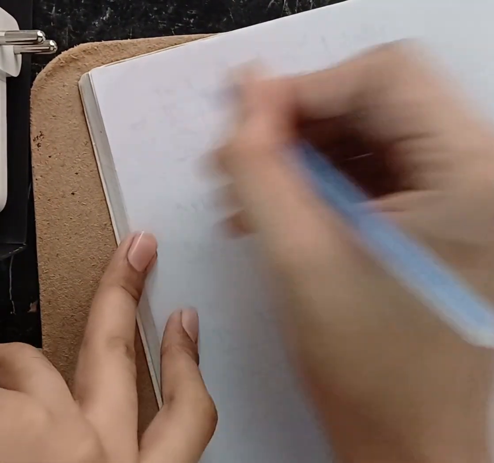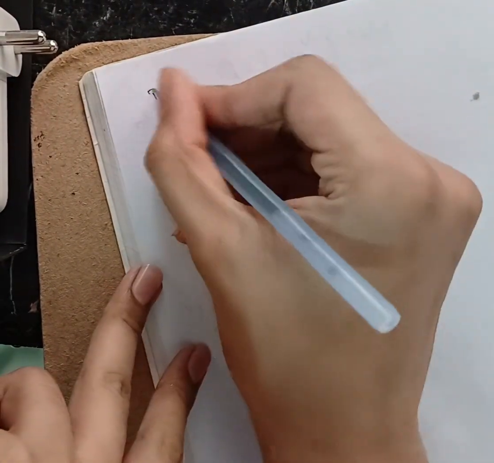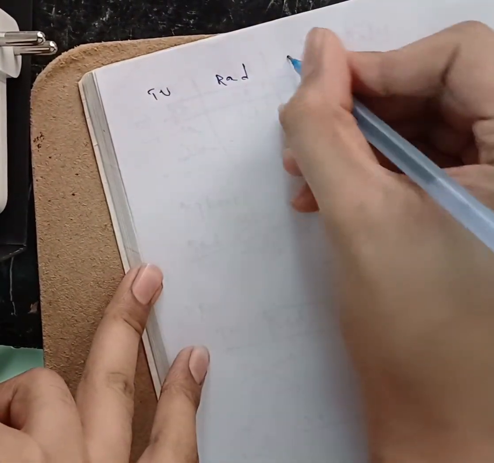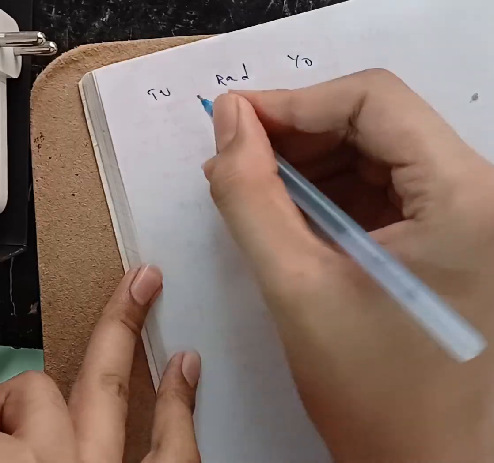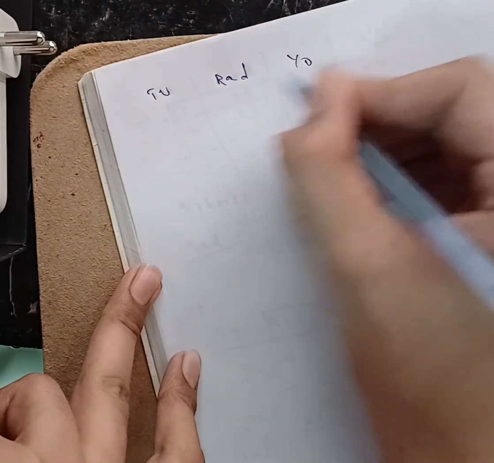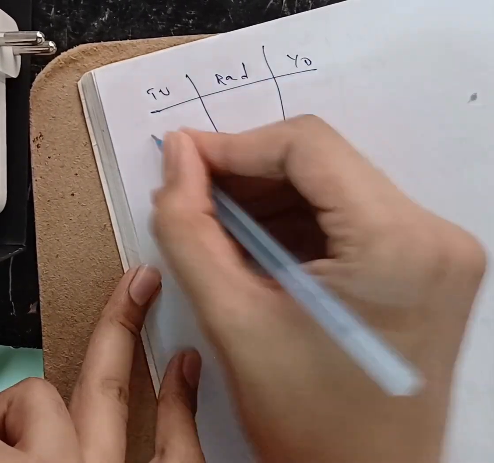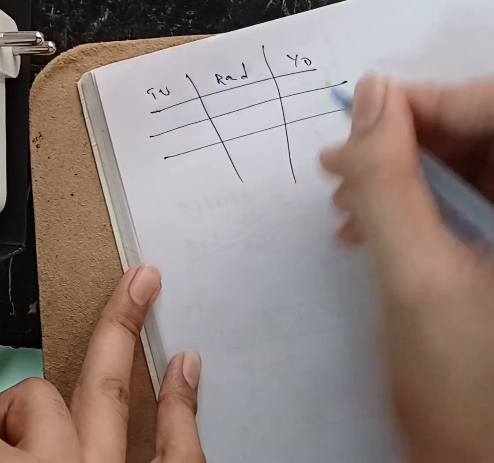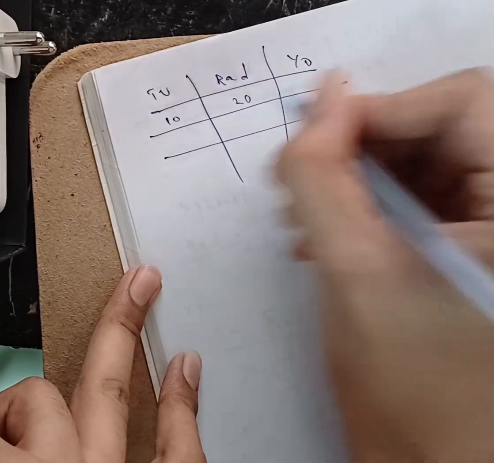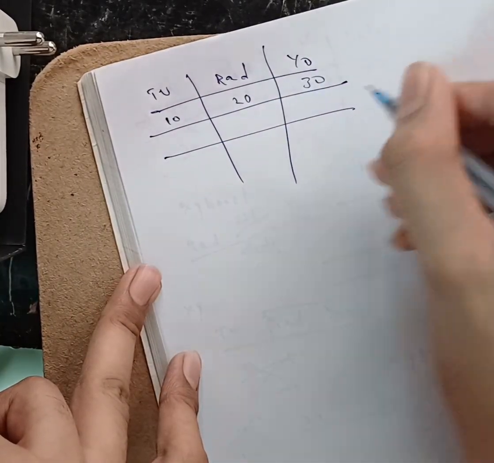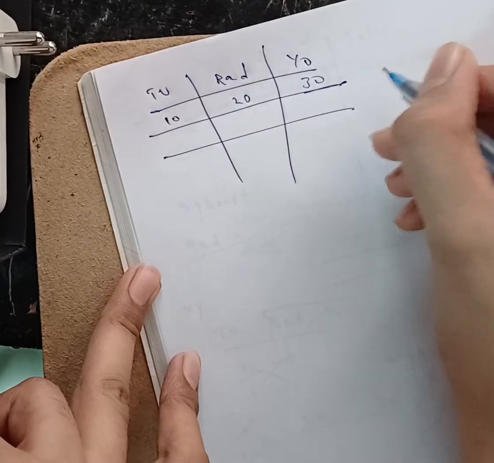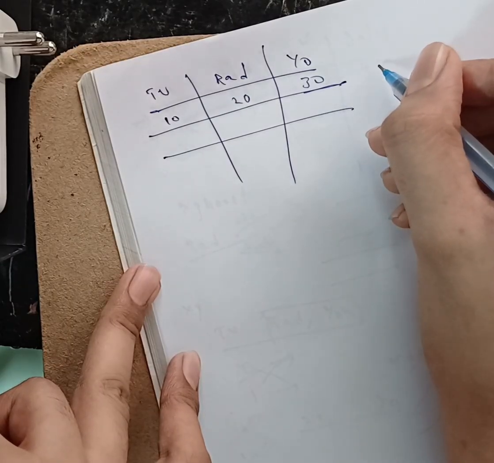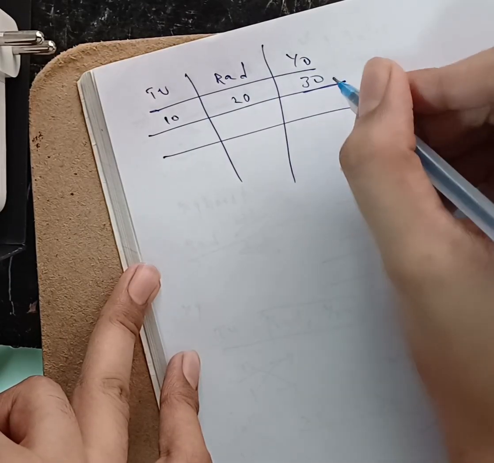Let's say we have three variables: TV, radio and YouTube. We have different data points, like 10, 20, 30. For this particular data point we want to figure out the SHAP value.